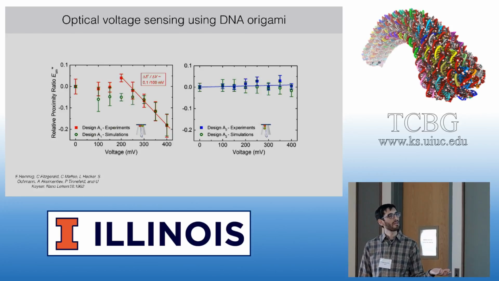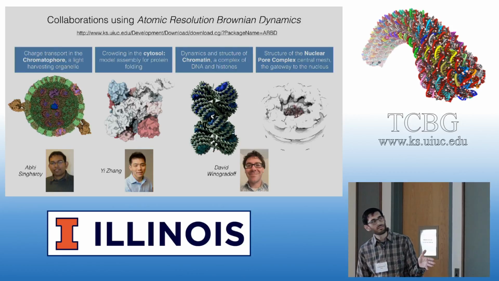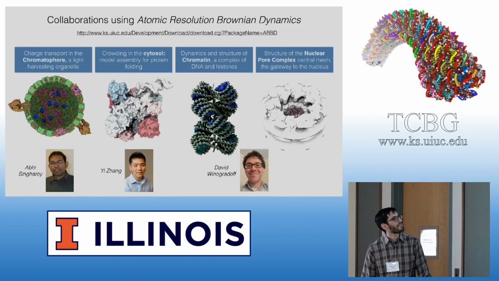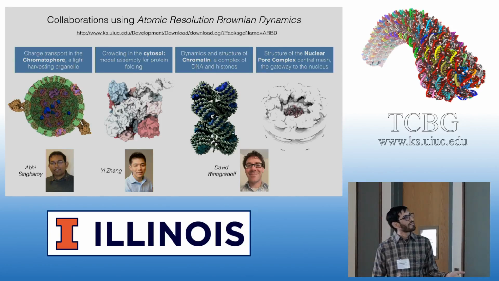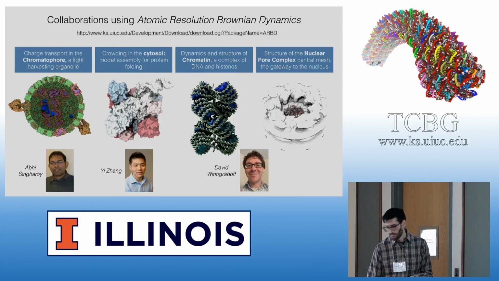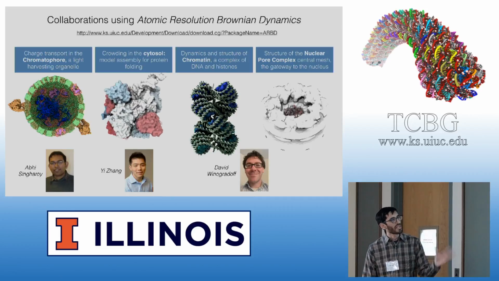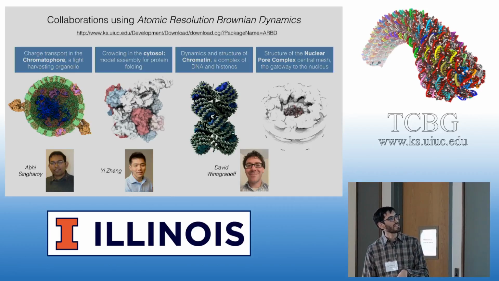And this is all possible because the software package that we are doing this simulation with is designed from the ground up to take in three-dimensional tabulated potentials. So potentials that you can look up, basically. And that's been used, so it's a new piece of software, but it's been used already a bit for various projects in the center, including a study of cytochrome c2 diffusing through the electrostatic field inside of a chromatophore, and in a study of a small patch of cytosol. It was used actually to set up initial conditions for an all-atom simulation.